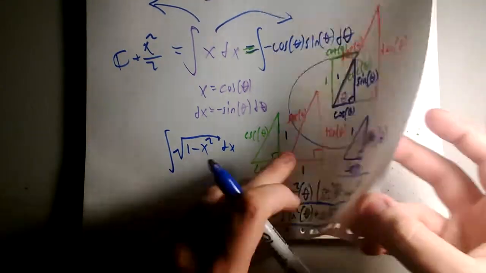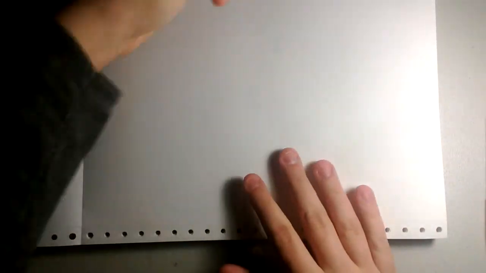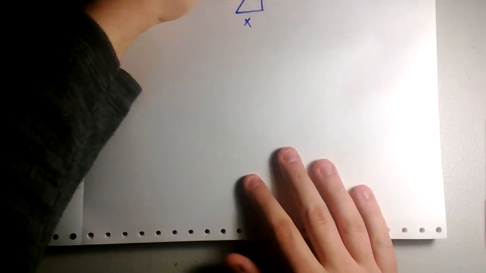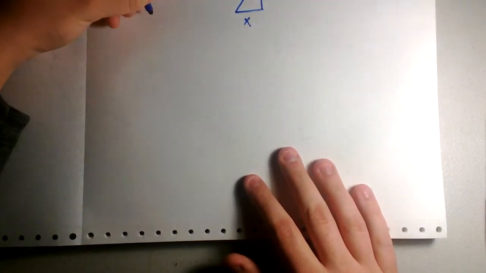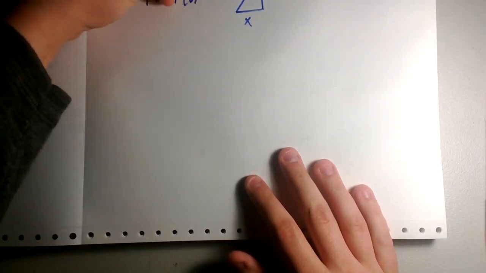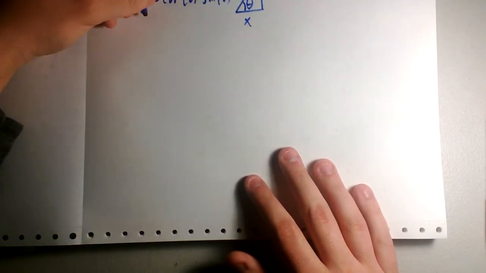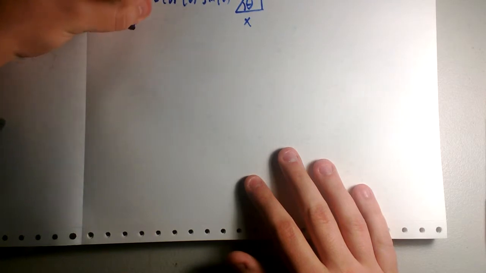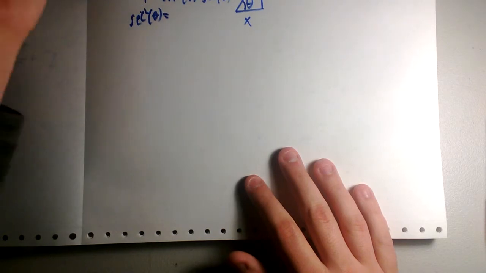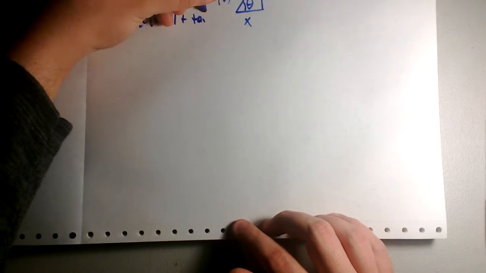So let's rewrite them and see what they'll look like. All right, so let's set up our regular triangle. We have an x, we have a y, and we have an r. So we know that 1 equals cosine squared theta plus sine squared theta. Cool, and this angle is theta. We know that secant squared, and remember secant is just 1 over cosine, so secant squared is 1 over cosine squared, equals 1 plus tangent squared theta.